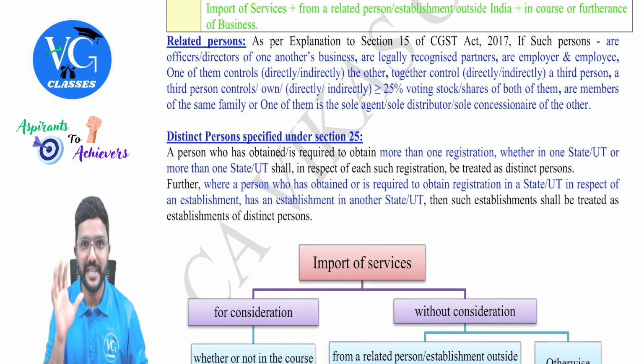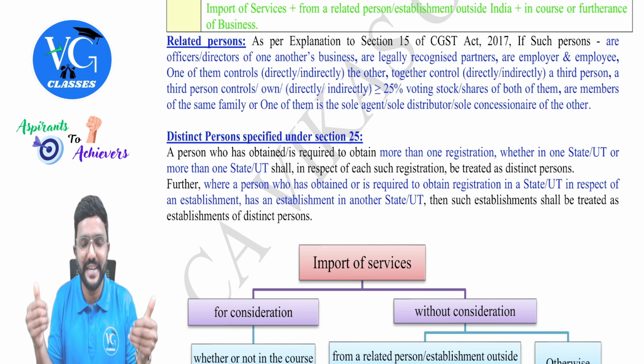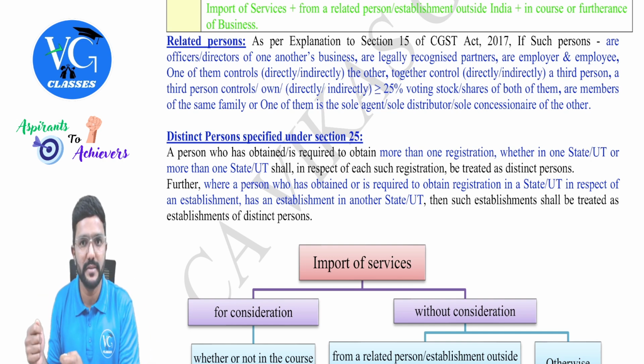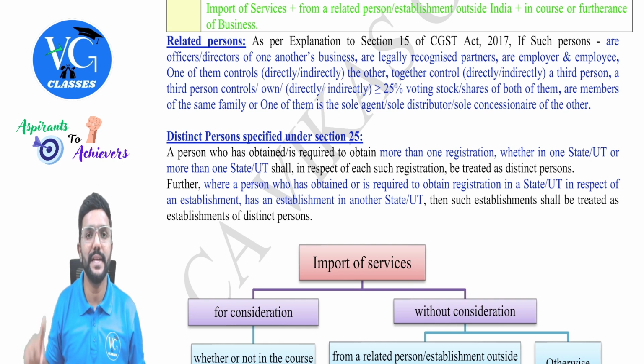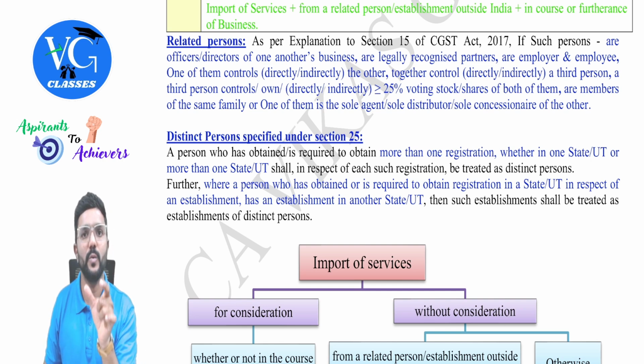I repeat, if supplier and recipient are related persons, then whatever is the actual sale value, we cannot adopt that as the value of supply for section 15 purpose. So in that case, the value of supply on which GST has to be levied has to be decided as per the valuation rules.